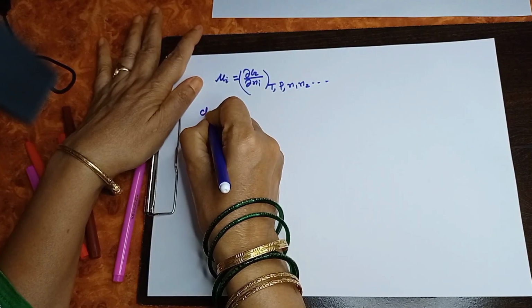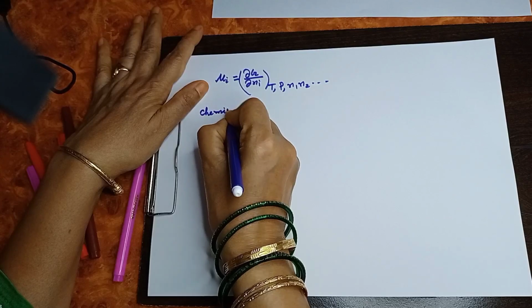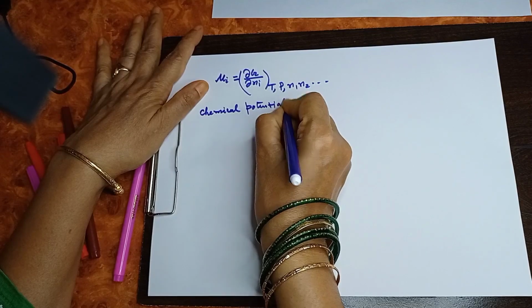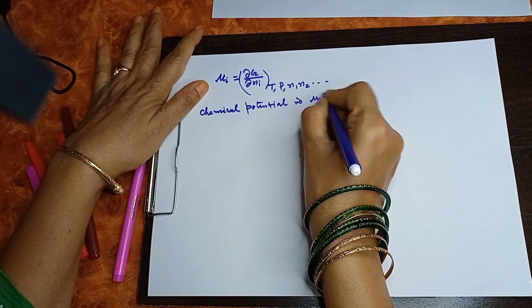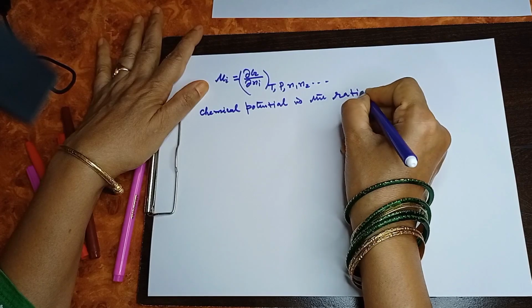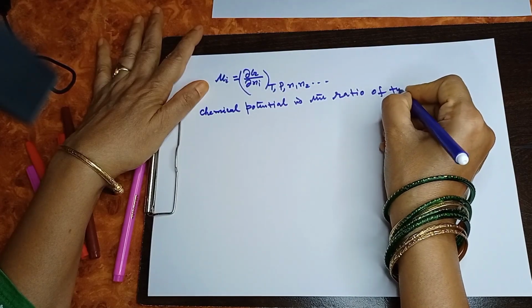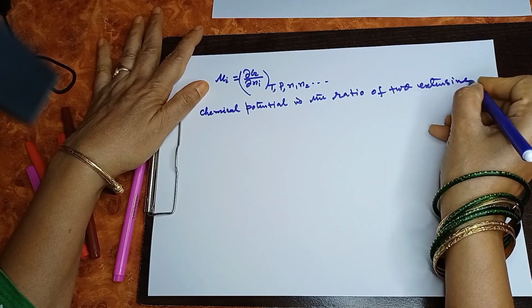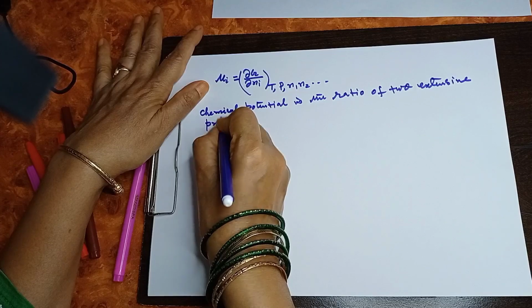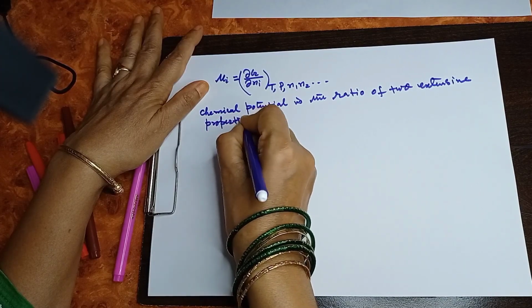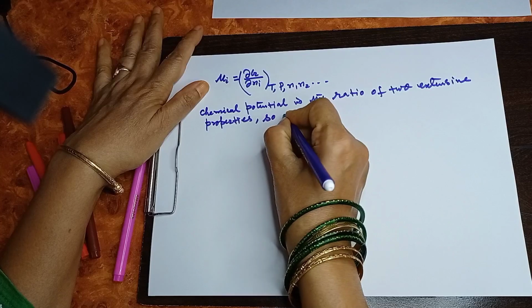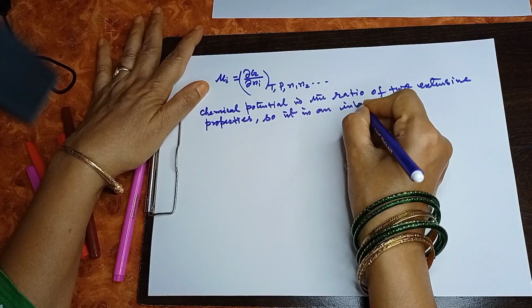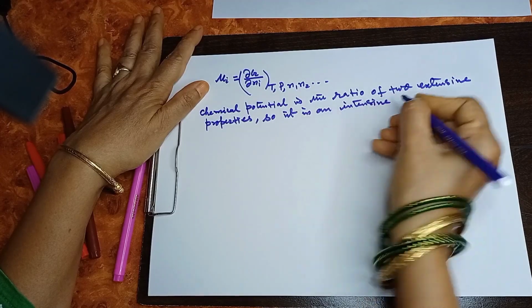So chemical potential is the ratio of two extensive properties, so it is an intensive property.